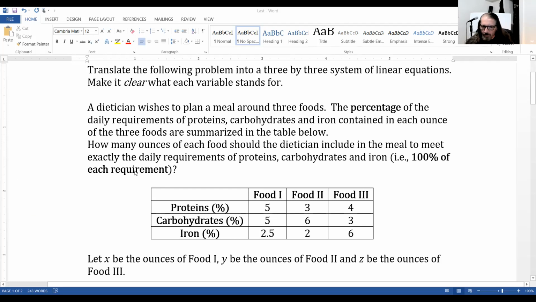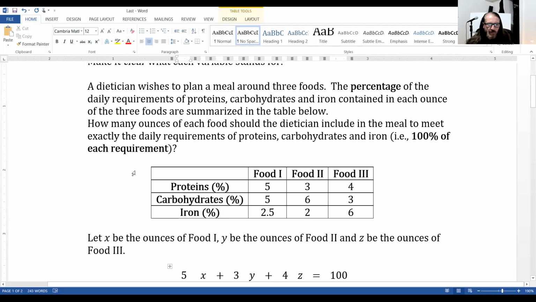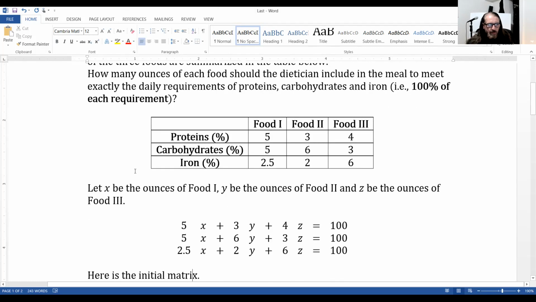All right, so if we let X be the ounces of food 1, Y be the ounces of food 2, and Z be the ounces of food 3, then our columns in the table correspond to the variables, and the rows correspond to a portion of the equations.